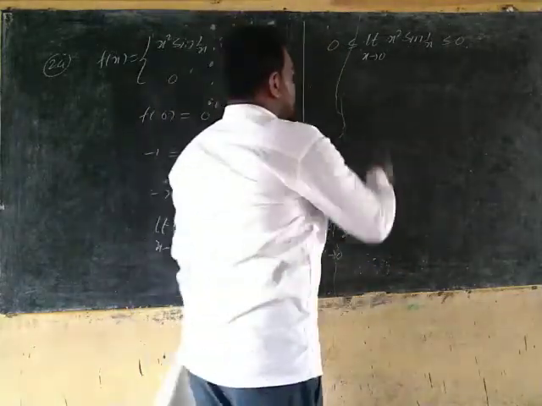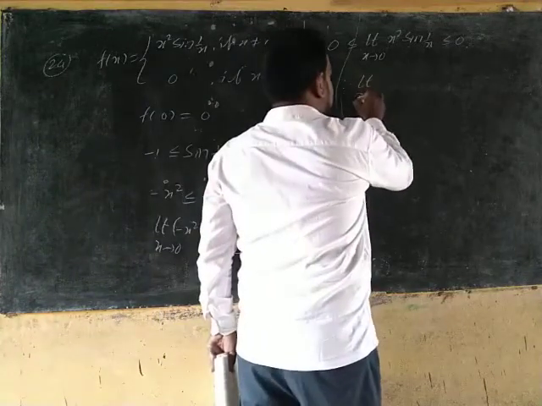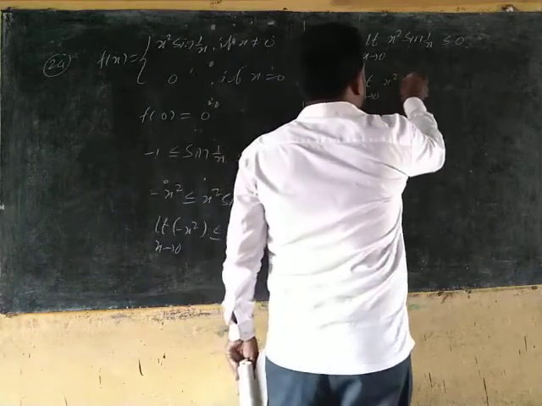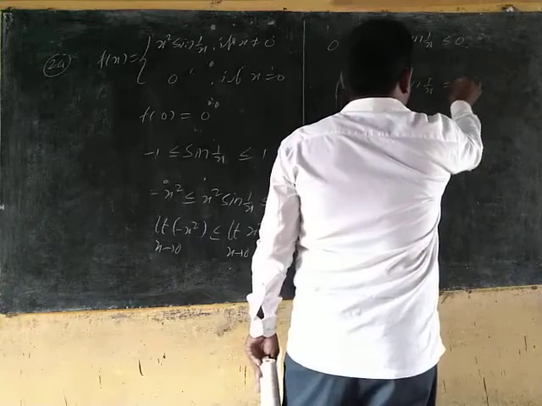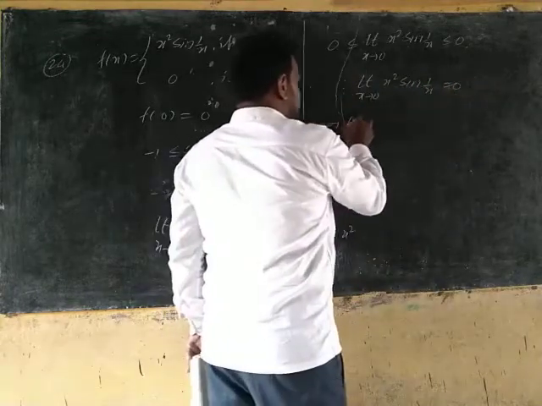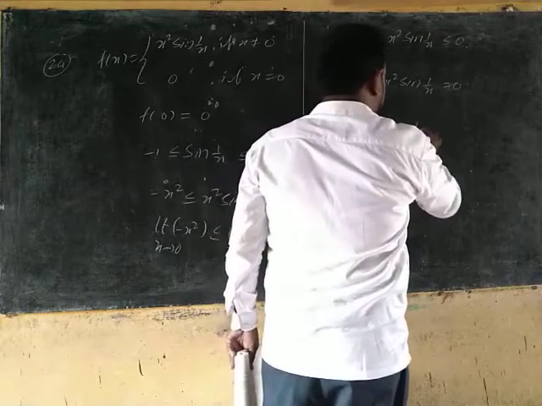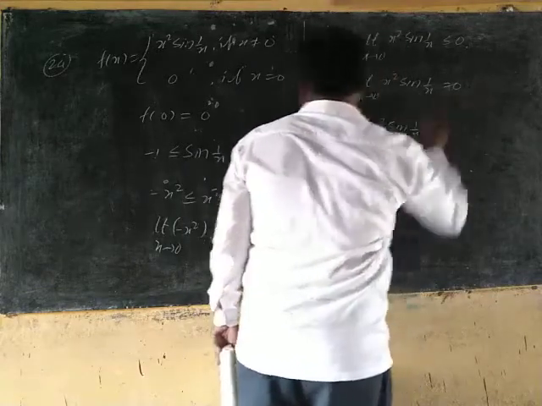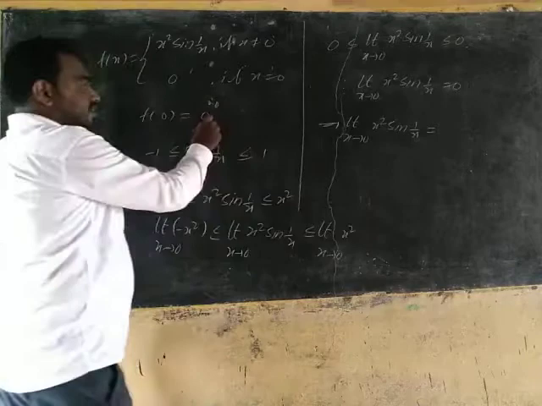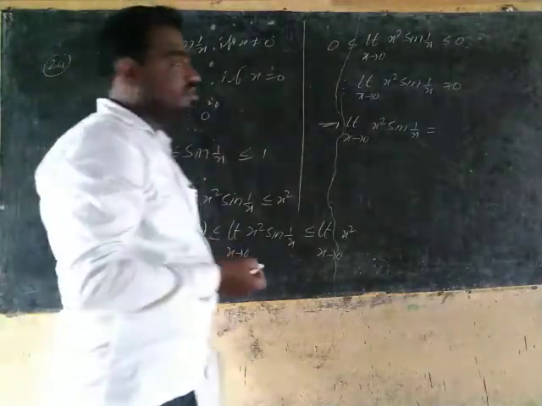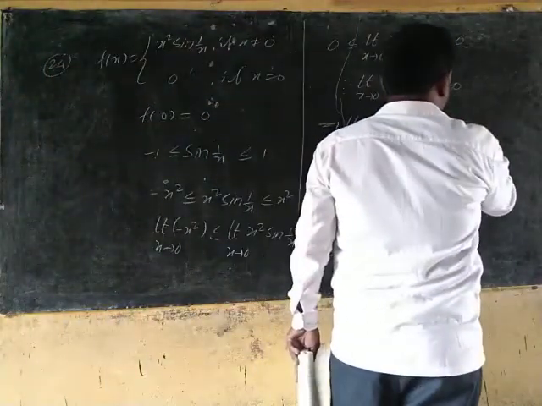Therefore limit x tends to 0 of x square into sine of 1 by x is equal to 0. That implies the limit is 0, which is equal to what we will write? f of 0, no? So f of 0 I have written here.